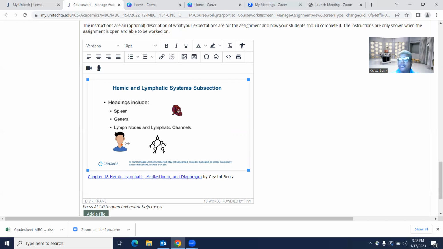Here is a diagram of a patient that has a lymph node, where you see the red little marking showing where that lymph node is. And these are the lymphatic channels. So pay attention: your hemic and lymphatic system subsections include spleen, general, lymph nodes, and lymphatic channels.